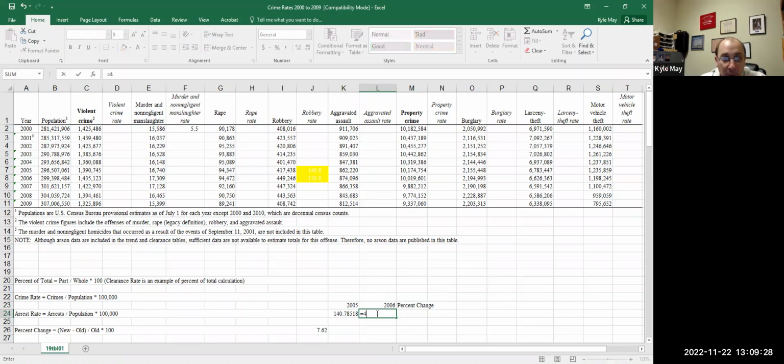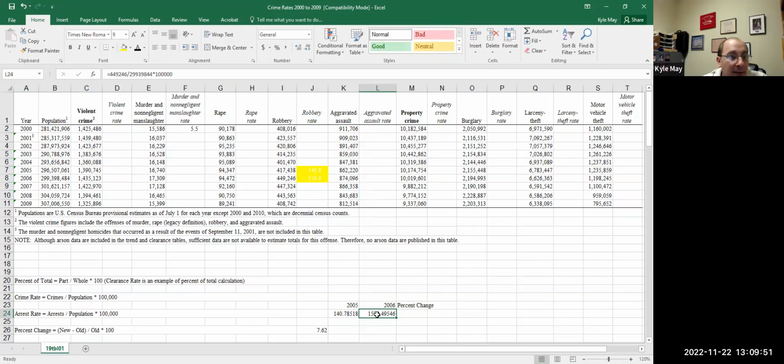Let's go to 2006 and do the same thing. We know 449,246 robberies, divided by 299,398,484 in the population. Multiply that by 100,000, and we get a crime rate that looks wrong.